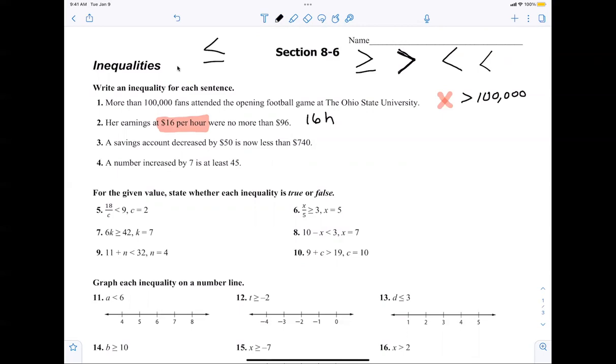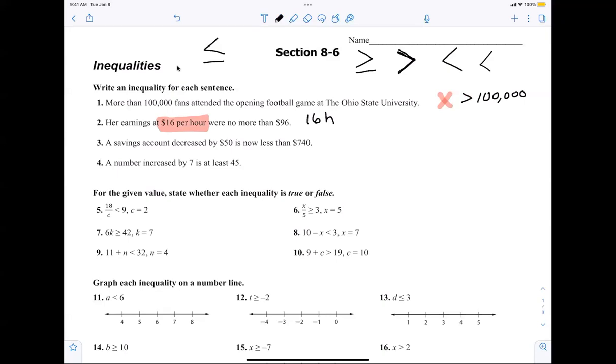If you're making $16 per hour, we don't know how much money you're going to make until we know how many hours you've worked. So that's 16h. And I want my earnings to be no more than $96. I always tell kids, this was not an easy thing for me, so I always thought about money.